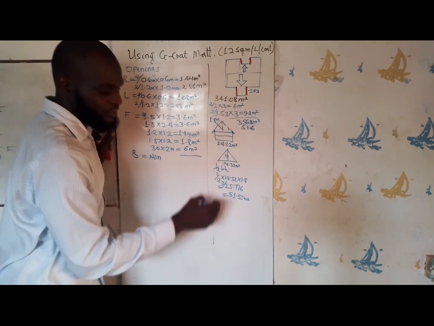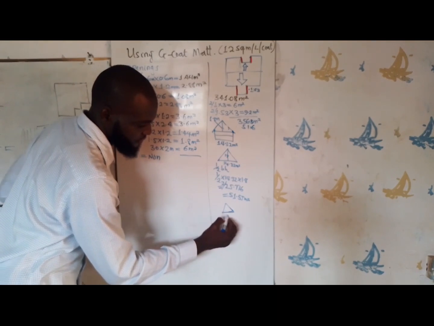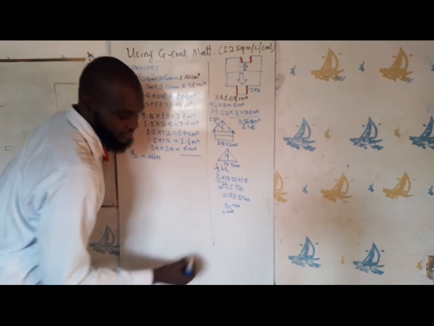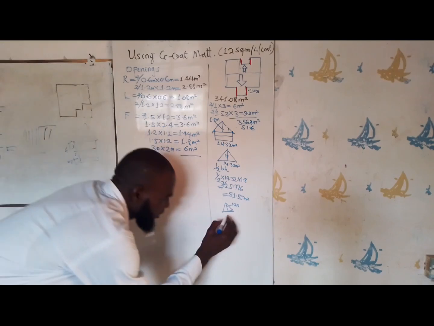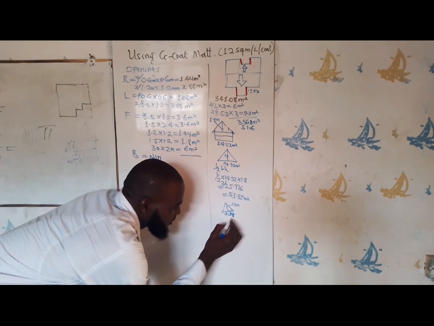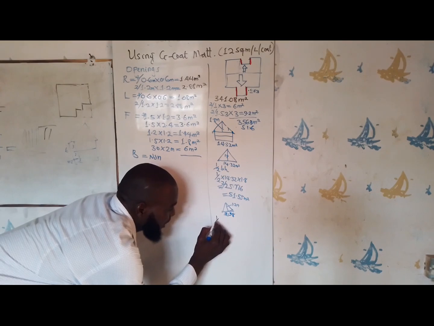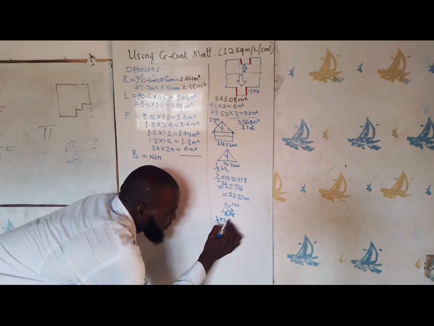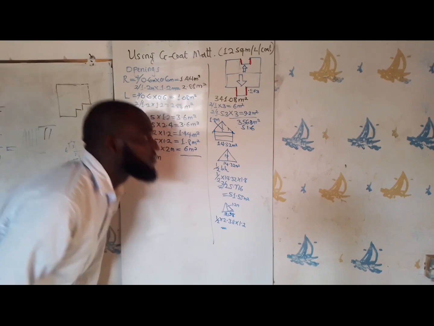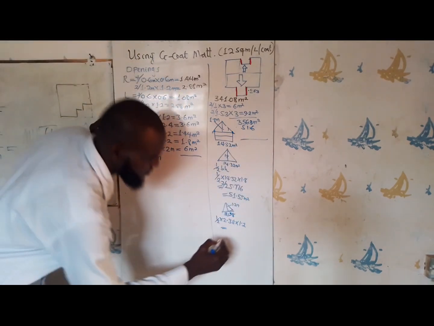So what's the width of it? The projection? Yes, the width. We have about 1.2 meters. So now let's calculate it at 2.38. That would be half times 2.38 times 1.2. What would that give us? 2.856.